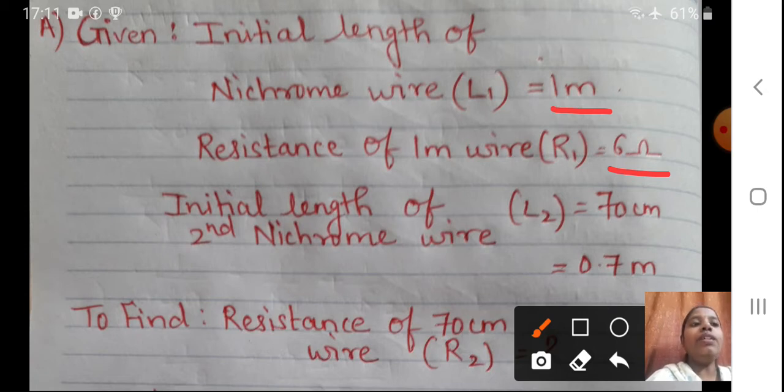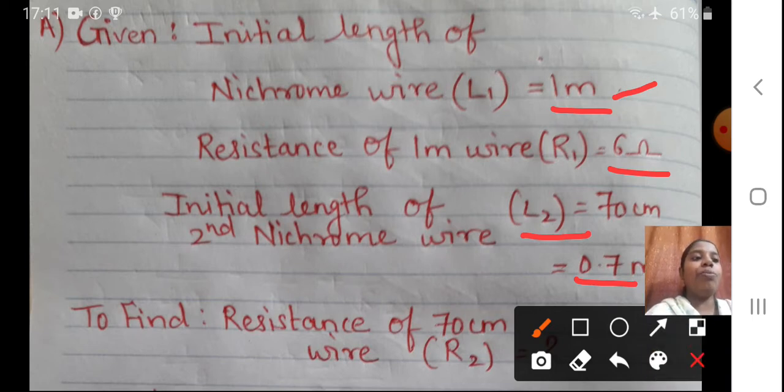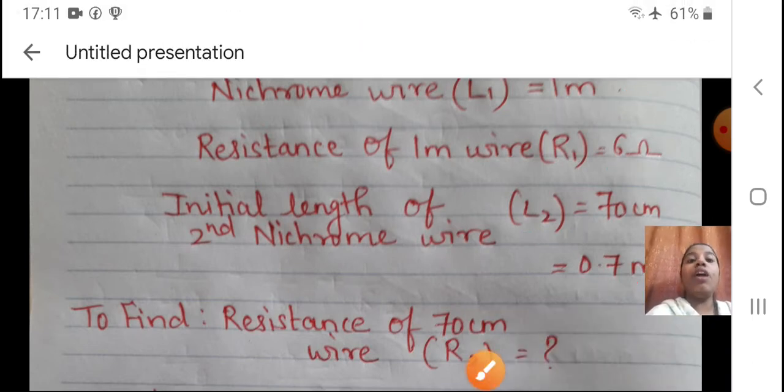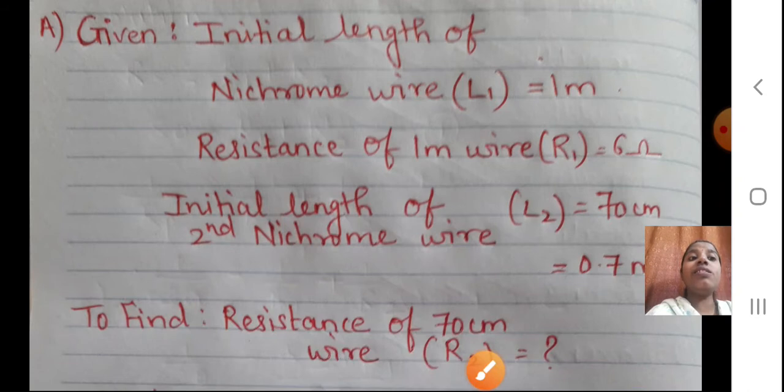L2 is the length of the second nichrome wire, which is the reduced one, that is 70 centimeter. Now one quantity is in meter and another is in centimeter, we cannot work in the calculation like that, so I have converted it into 0.7 meter. I hope till here it's clear. We have to find the resistance of the 70 centimeter wire, that is R2.